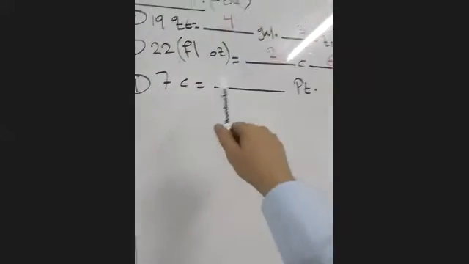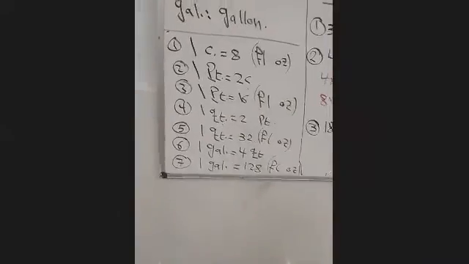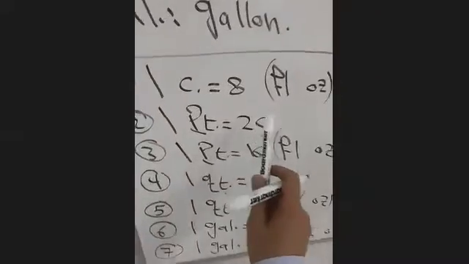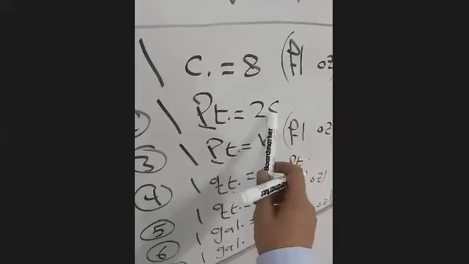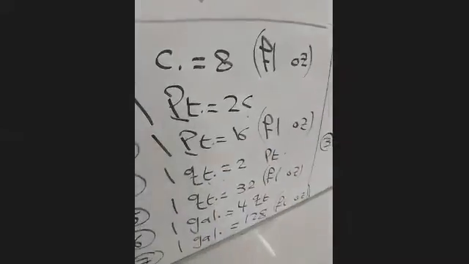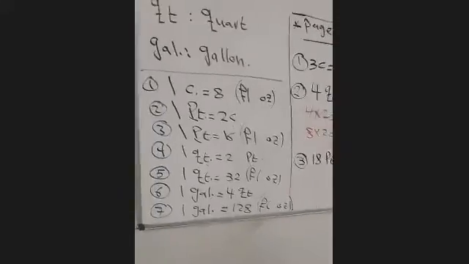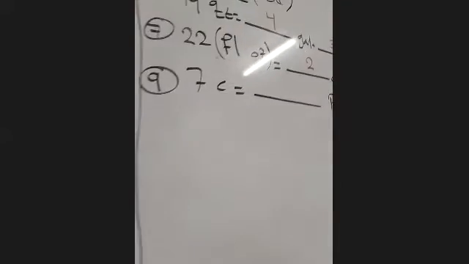From cups to pint. From smaller to bigger. What do we do? We divide by what? By 8. No, I mean by 2. By 2. 7 divided by 2.